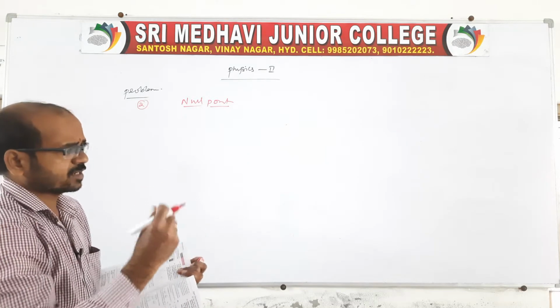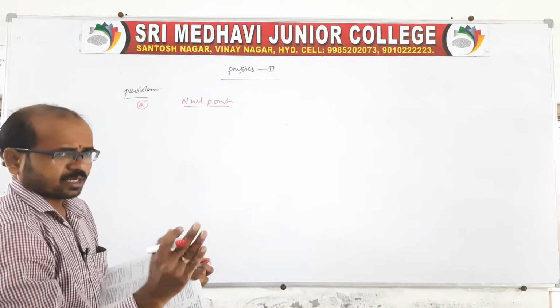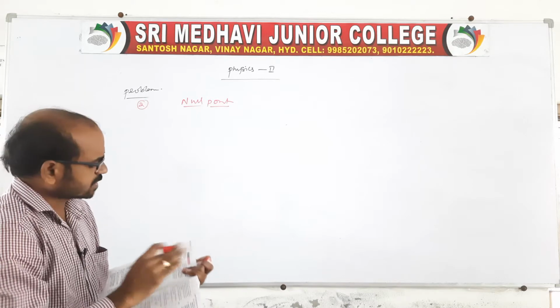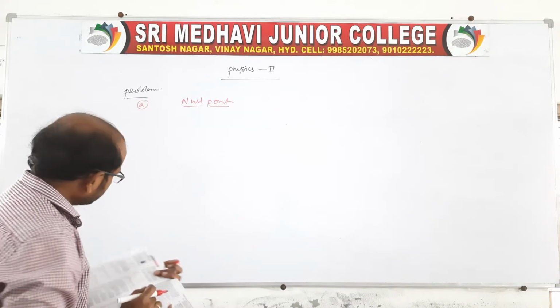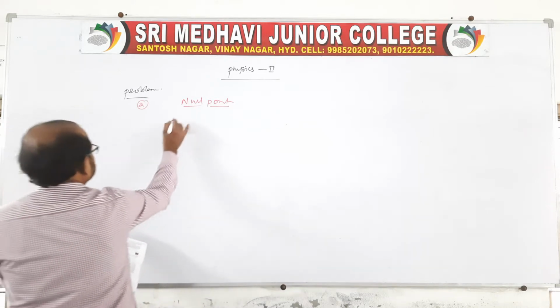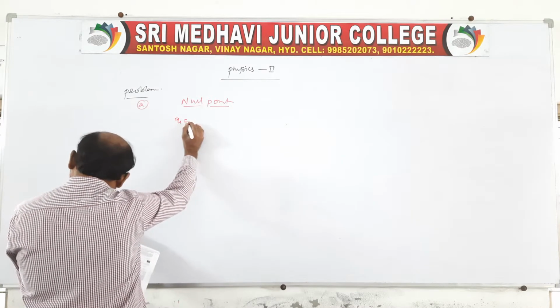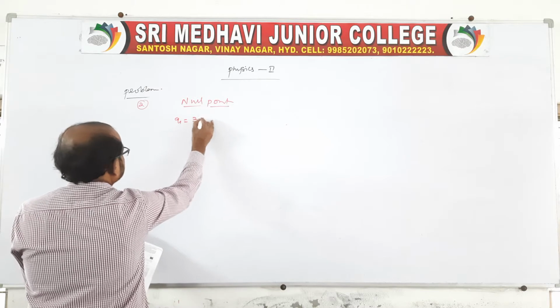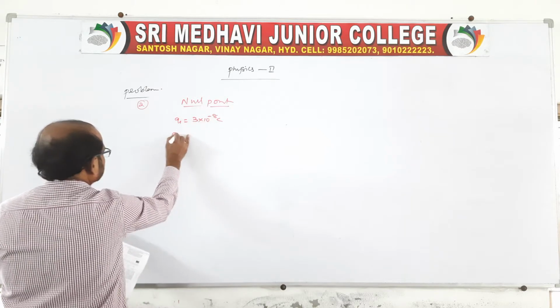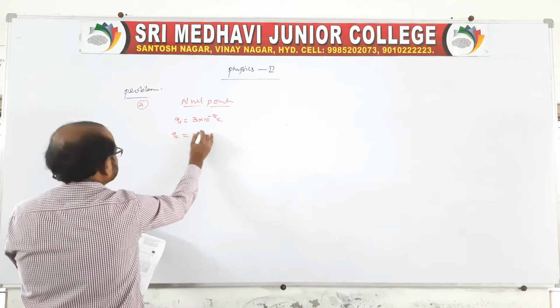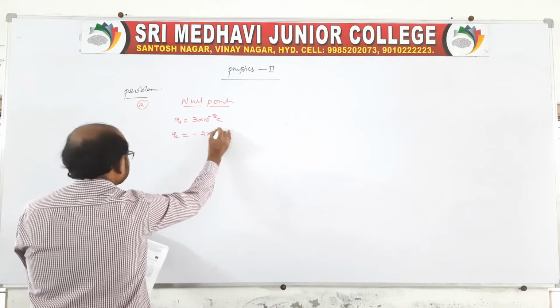Everyone open that formula and see what is there in it. There are two charges given: q1 is equal to 3 into 10 power minus 8 coulombs, and q2 is equal to minus 2 into 10 power minus 8 coulombs.